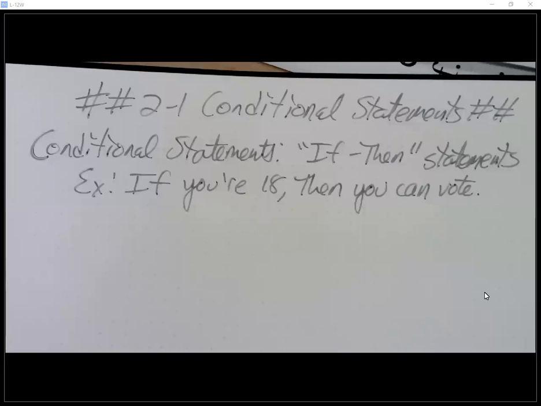But it should be a statement that I could rephrase in an if-then form. So for example, if I said 18-year-olds are allowed to vote, that's still a conditional statement, even though it didn't literally have the words if and then. We like when it has the words if and then in it because it sort of breaks it up really nicely for us to be able to see the next 2 pieces that we're looking at.